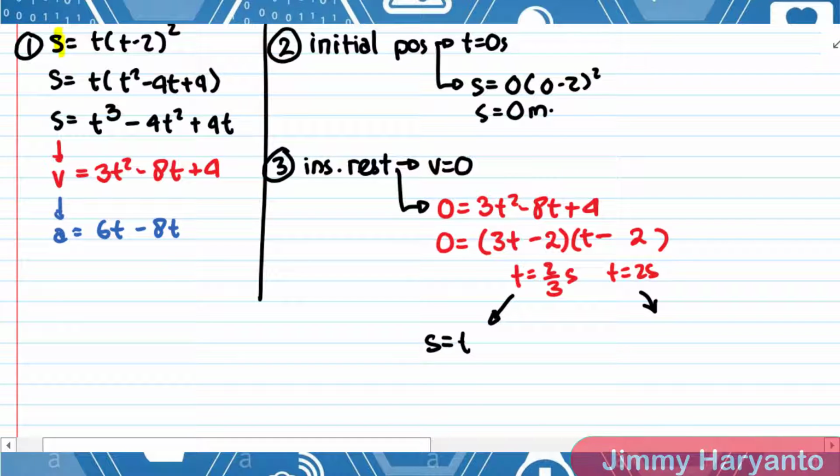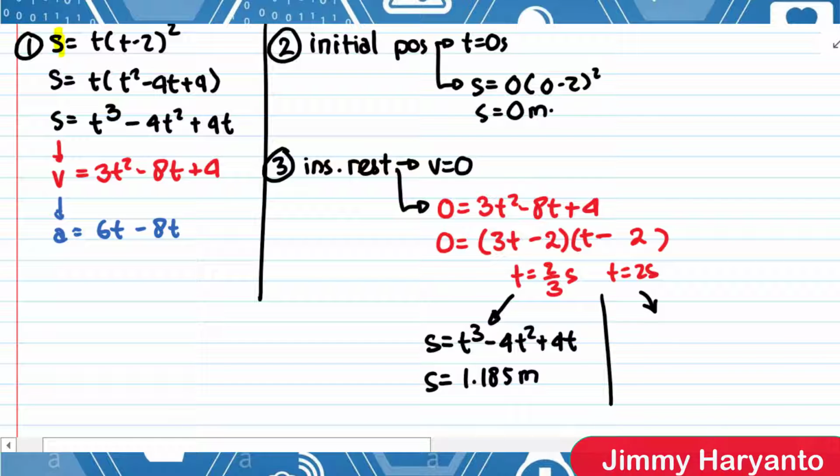Next, I want to find the displacement, the position of the particle for each of the times. So we have s equals t to the power of 3 minus 4t squared plus 4t. So s will be, wait, let me calculate this. Okay, so the result is 1.185 meters, guys.